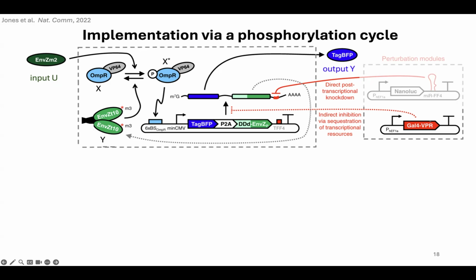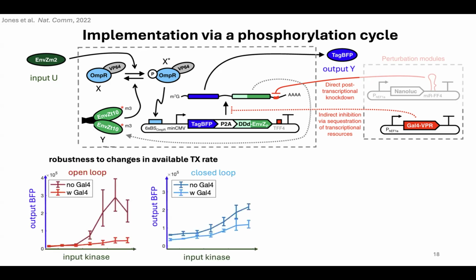For the sake of length, I will just show the results for the disturbance applied by GAL4 VPR. On the left-hand side here, we see the open loop on the left and the closed loop on the right. In the open loop, we see the response of the output, the blue protein, to the input kinase with and without this disturbance. And you can see there's a large difference there. On the other hand, in the closed loop system, we have essentially no substantial difference between the two.